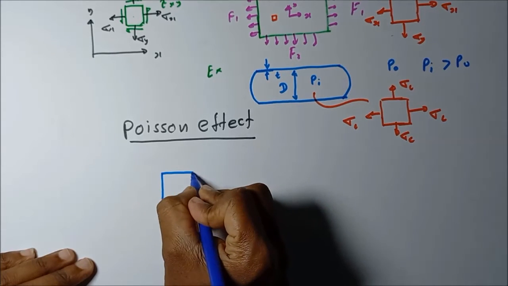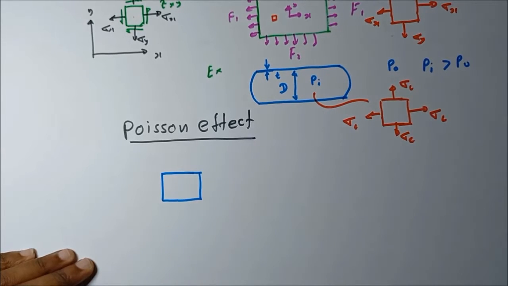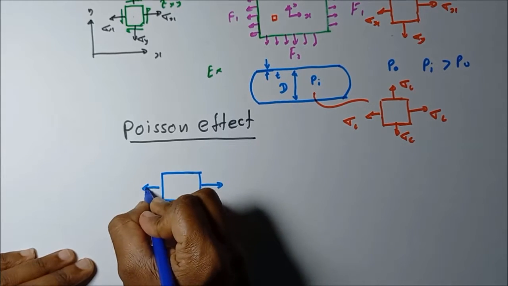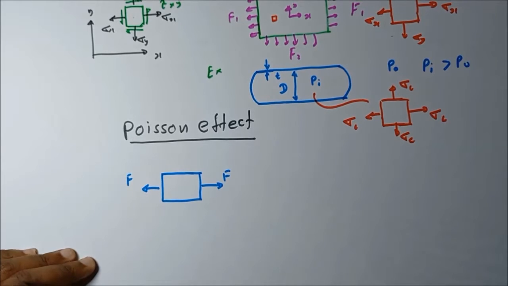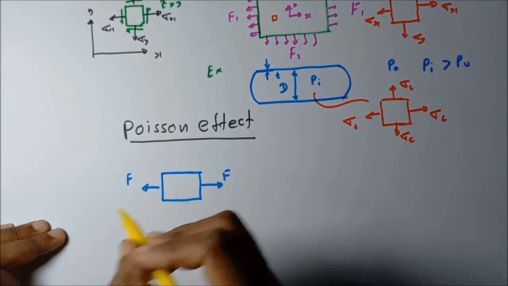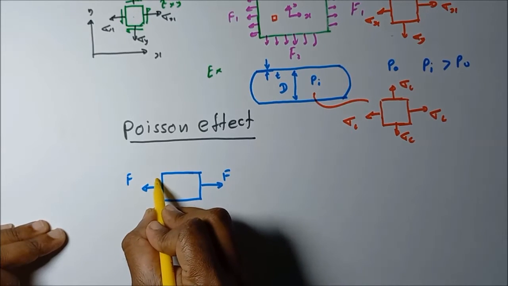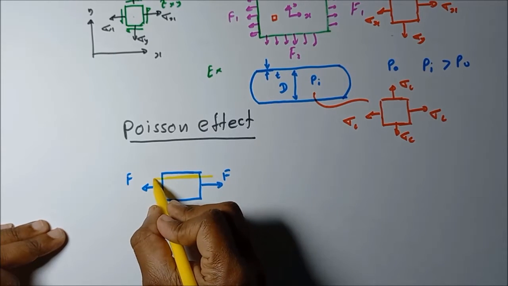Let's take a certain sheet metal. These kinds of forces are acting. If force F is acting on this stress element, sheet metal, then due to this force F, what happened? This sheet metal component is stretched in the force acting direction.